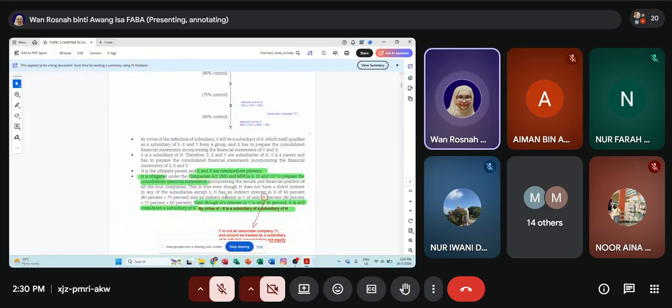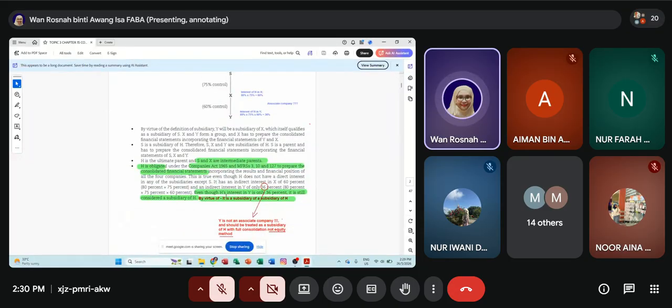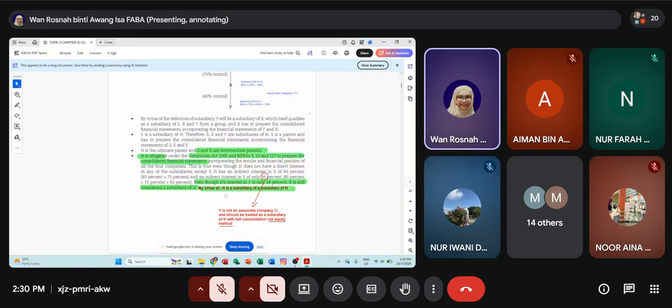So if you can see here, H has an indirect interest in Y of only 36%. So how do we calculate the ownership interest? 80% of 75% of 60% ownership.